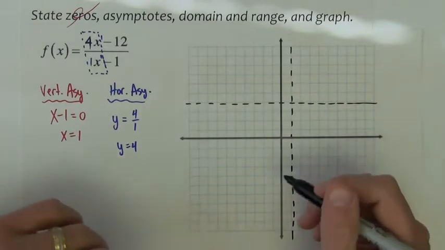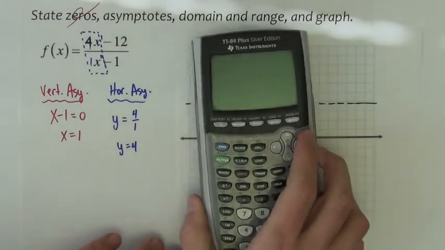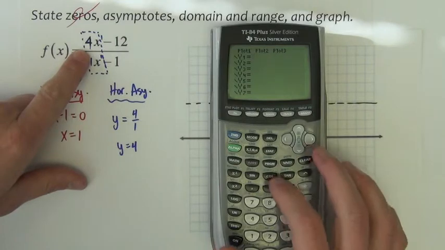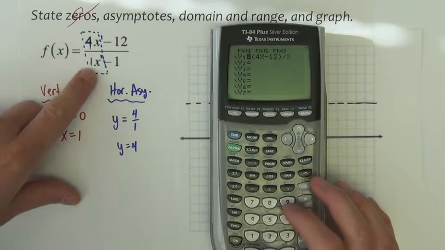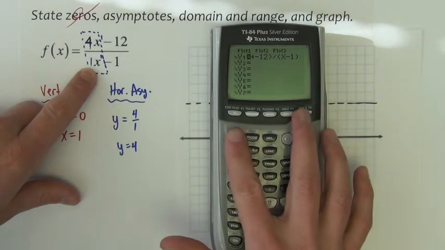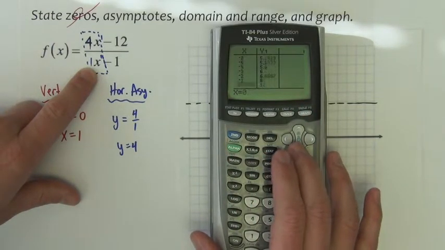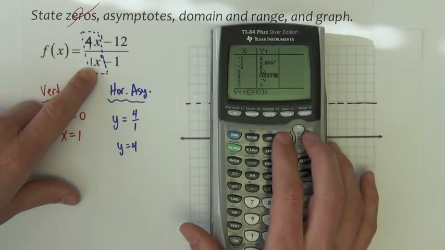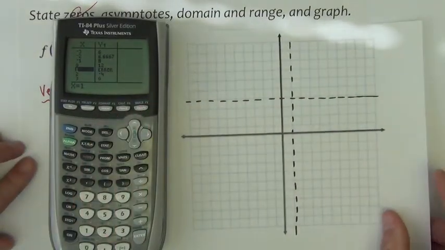Okay. Now we need a table of values. Table of values I'm going to use the calculator to do. Okay, so I'm going to type parentheses 4x minus 12 divided by parentheses x minus 1. I'm going to go to my table of values. Let's see, right there is the error message. That's the asymptote at x equals 1. Let's start plotting some points now off of that.